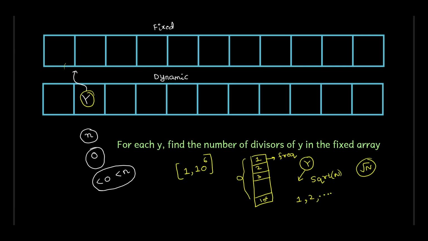So this will be O of n, but the divisors have a very interesting property: if d is a divisor, then n by d would be an integer, and if n by d is an integer, then n by d also divides n, because n by d is equal to d. So you can see that if d is a divisor, then n by d is also a divisor. This means that it will partition this.